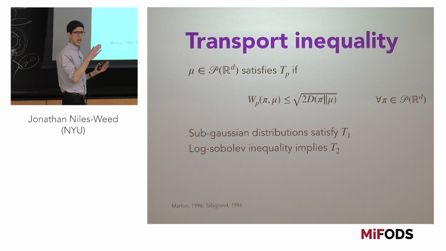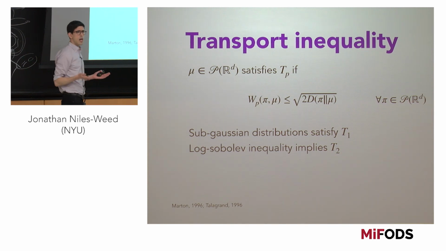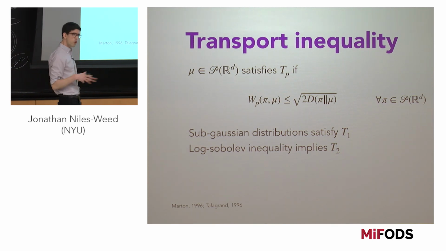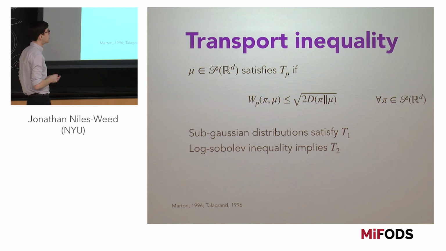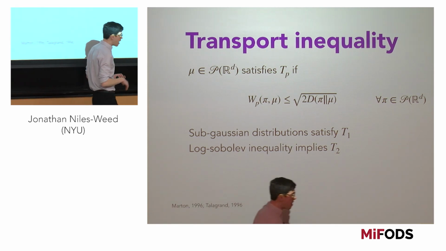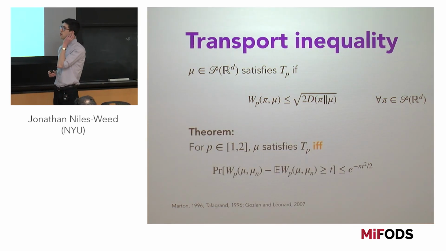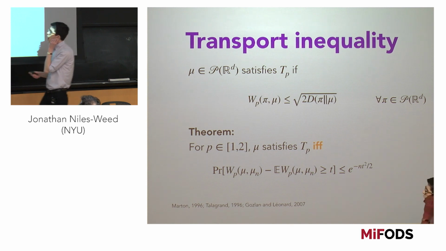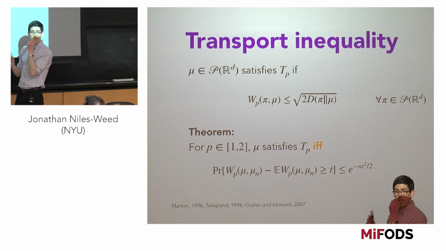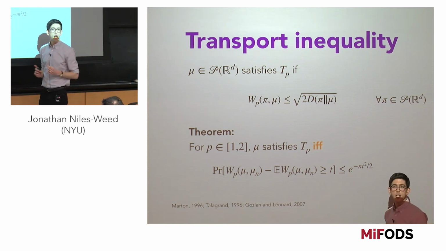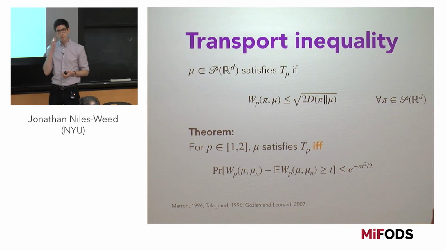If you've proved stuff like this before, you will want to have some concentration property for Wasserstein distances. And so the key fact, which I think is really amazing, is that for p between 1 and 2, a transportation inequality is equivalent to the concentration of the Wasserstein distance.